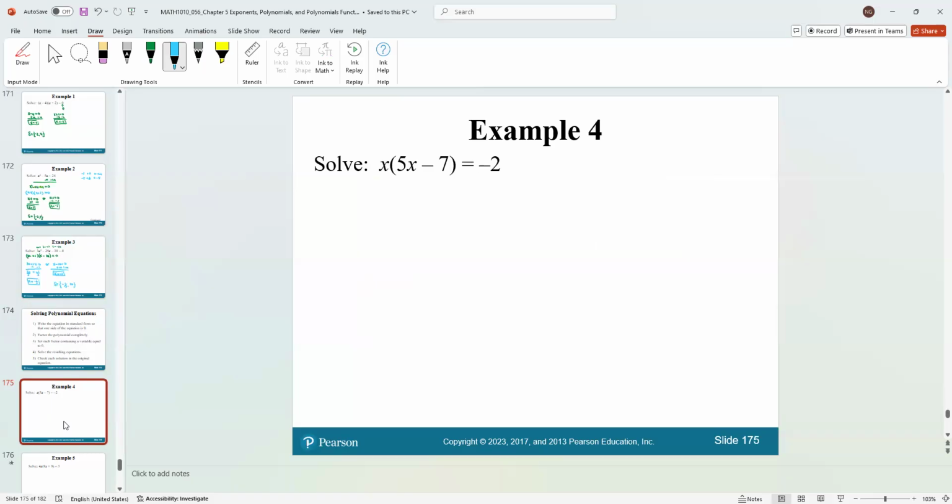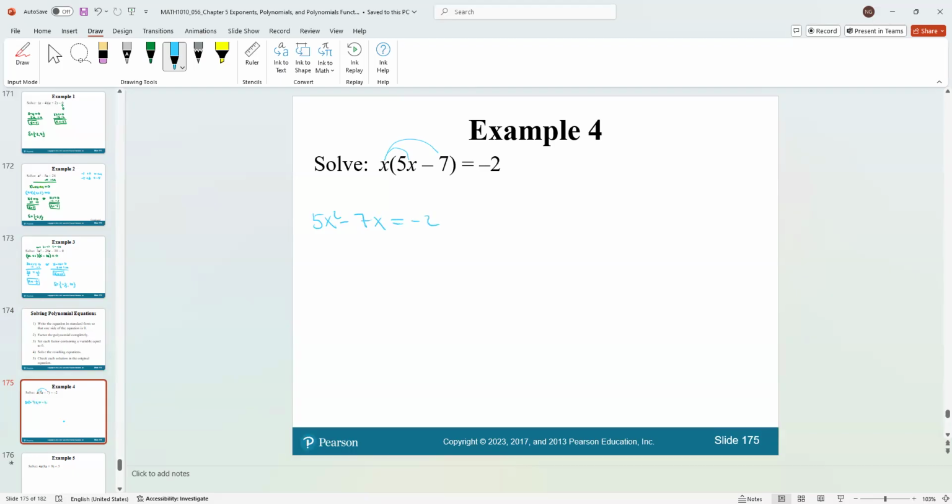That means x equal to 0 one time, and then you would do 5x minus 7 equal to 0. But the problem is not equal to 0, it's negative 2. The first step is to distribute the x. That means x times 5x gives you 5x squared. x times negative 7 gives you negative 7x, equal negative 2.